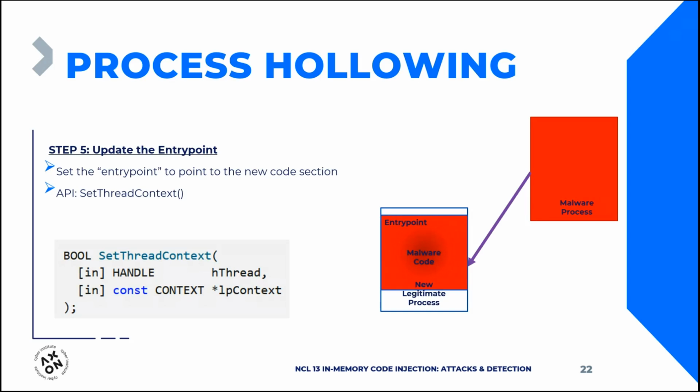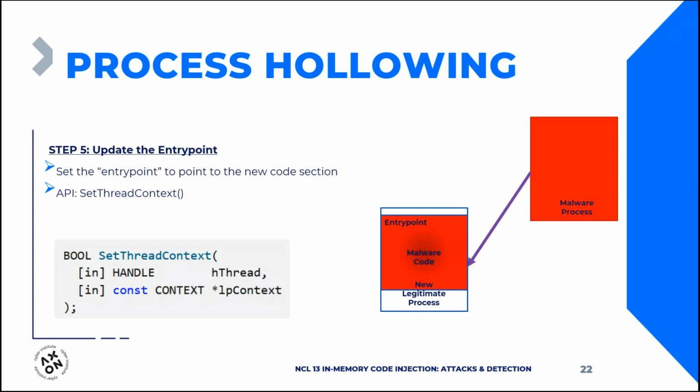Now, if we have our own code injected, it doesn't mean the entry point points to the new main function of the malware. It still points to where the previous main function used to be. To update this, I call SetThreadContext to update a certain part of the process.